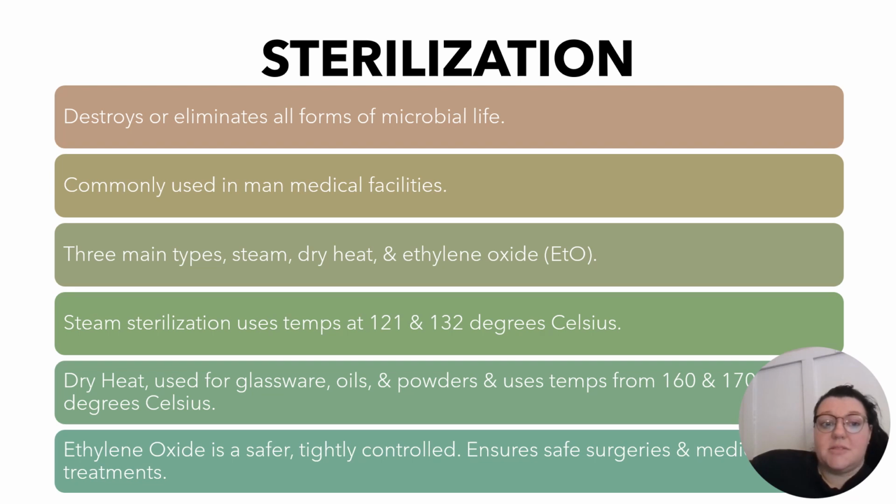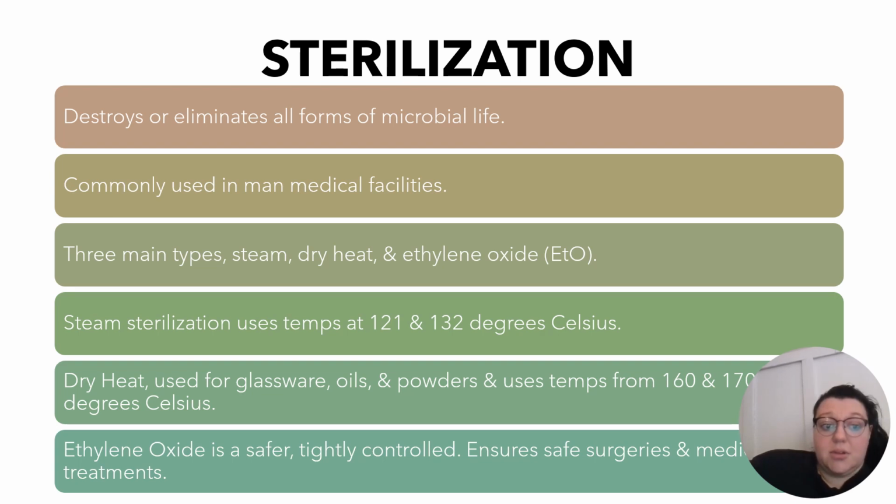There are three main types of sterilization, and that's steam, dry heat, and ethylene oxide. Steam sterilization uses temperatures that range from 121 degrees Celsius to 132 degrees Celsius.